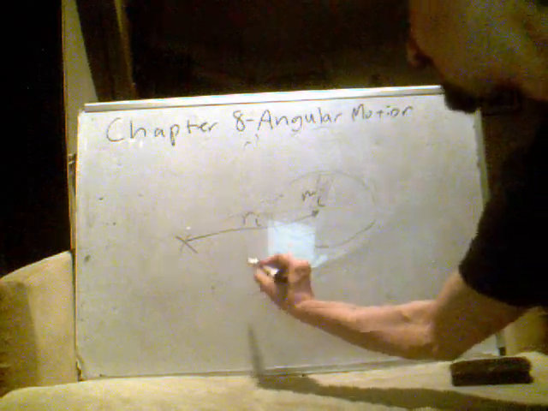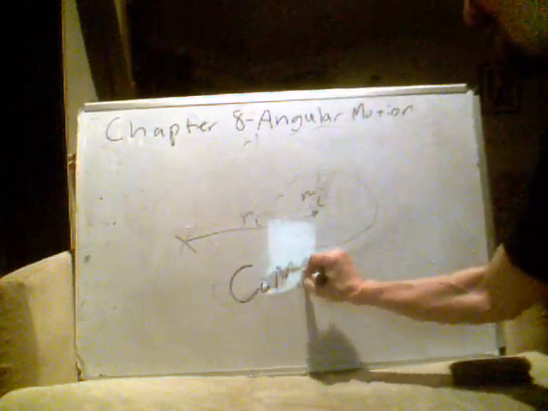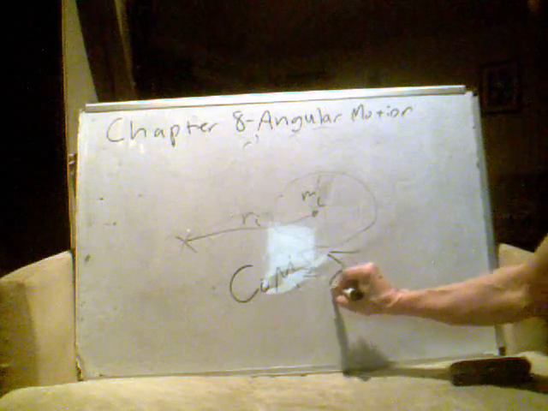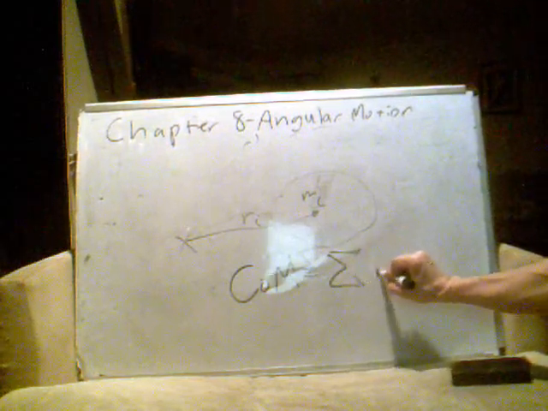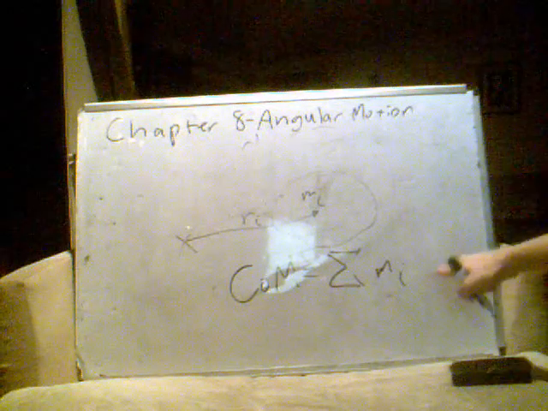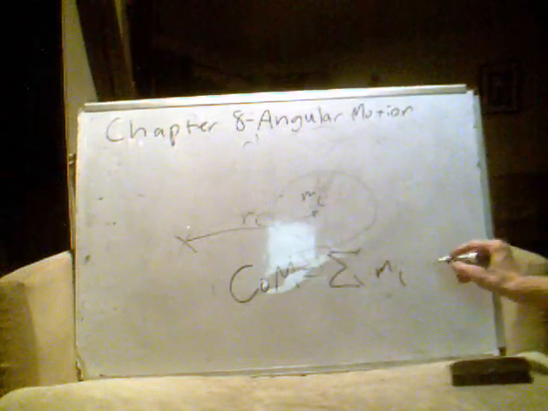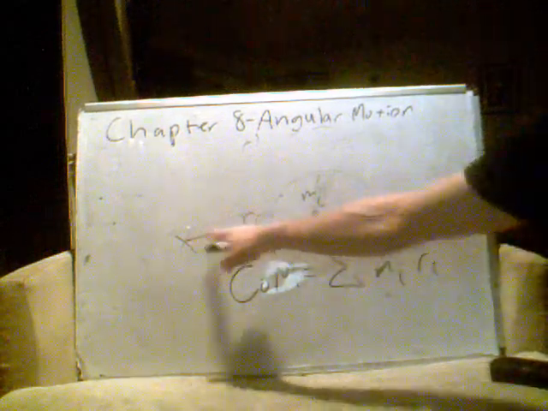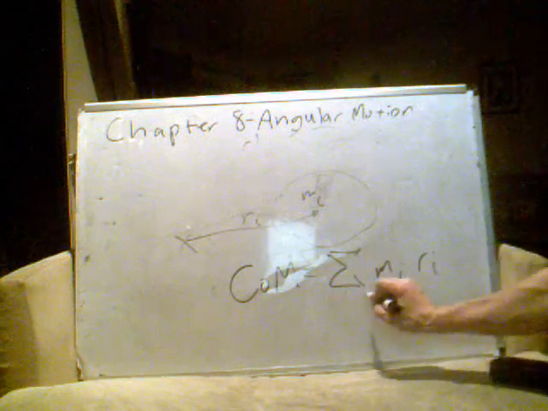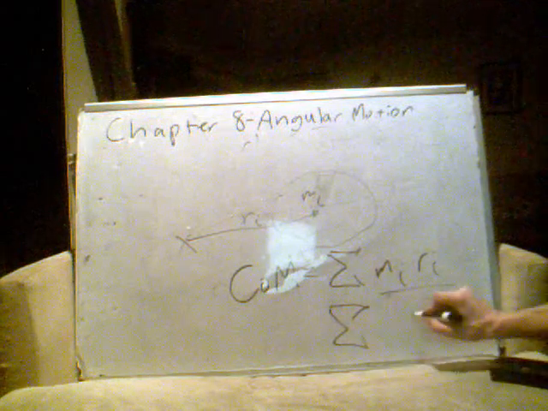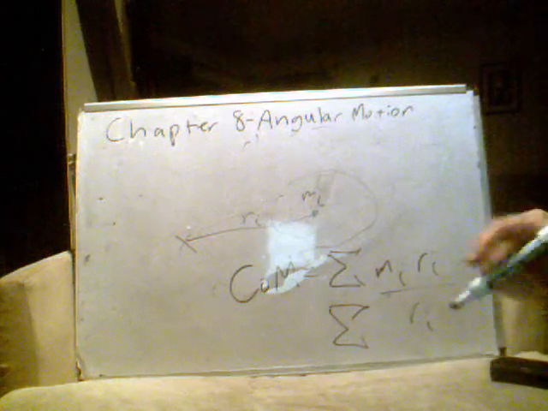Now you would say the center of mass is if you summed up the mass, some little chunk of mass here, and you multiplied it by its distance from this reference point, and then you also divided by the distance to this reference point, right?